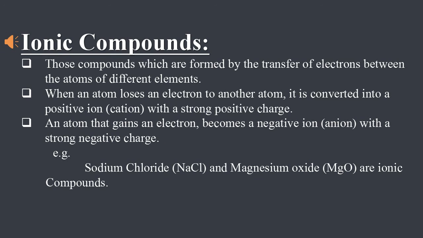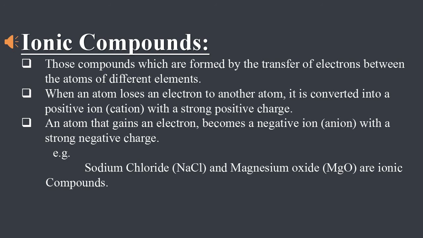Ionic compounds. Dear students, those compounds which are formed by the complete transfer of electrons between the atoms of different elements are called ionic compounds. When an atom loses an electron to another atom, it is converted into a positive ion, a cation, with a strong positive charge.